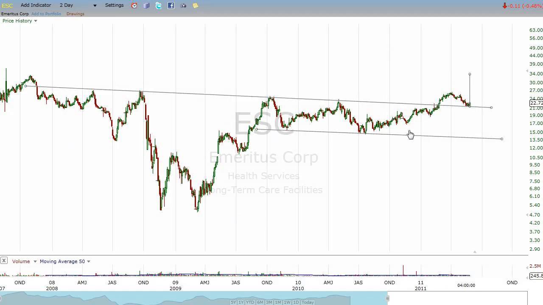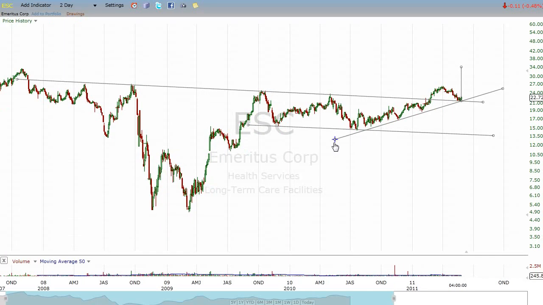And not only that, we got a peak here and a peak here, and that is almost perfectly parallel. So I'm thinking now there's a trend established that's going to take Emeritus in this channel eventually to meet this target, and it probably will be somewhere near the end of the year.